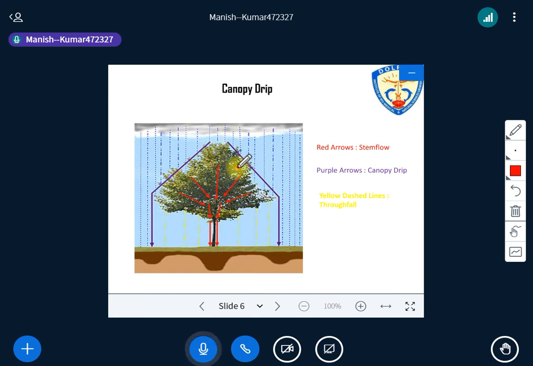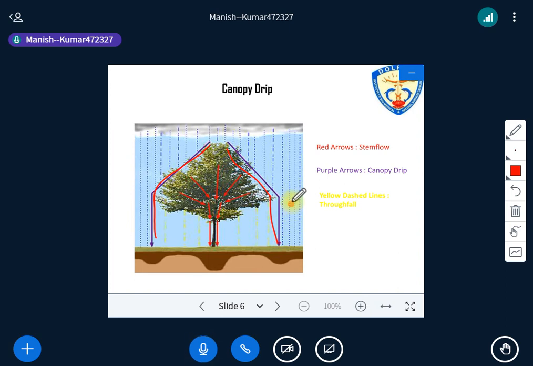So just look at this purple arrow, and you can easily understand what this canopy drip is. It means you can easily see that this kind of structure is where either the rainfall or snowfall has to move along the edge of the canopy, right? So that is called canopy drip.